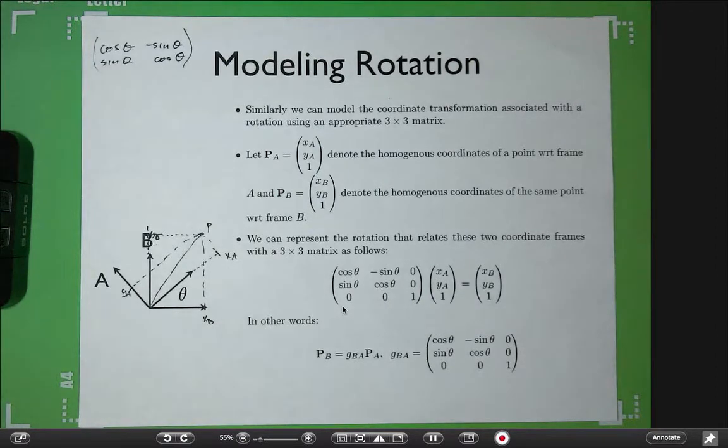So in the homogeneous coordinates, we already know how to represent both translation and rotation. One thing that might be slightly confusing is that here I'm explaining from the point of view of changing coordinates. You could also think about it as the matrices acting on points, translating and rotating them.